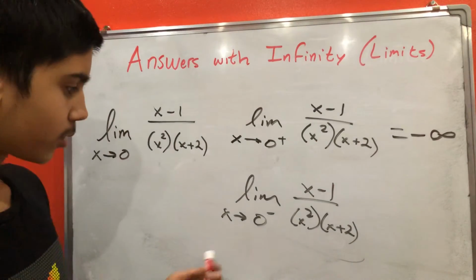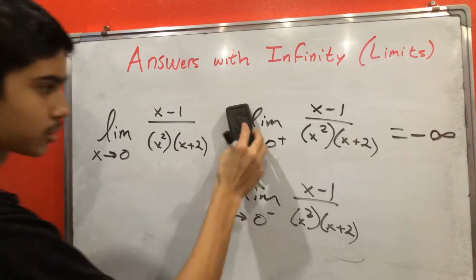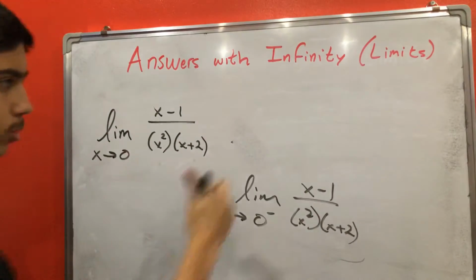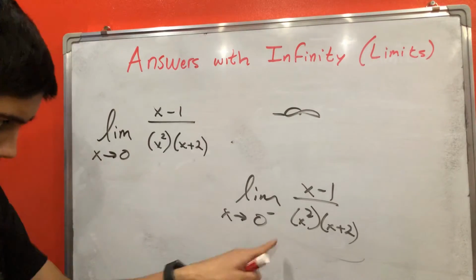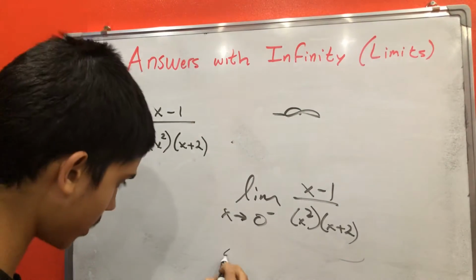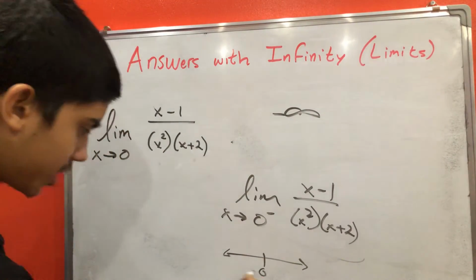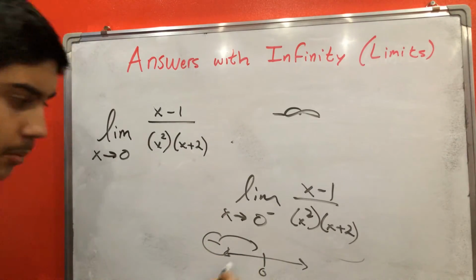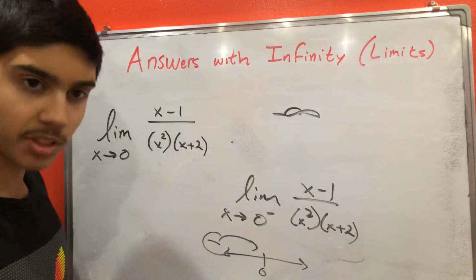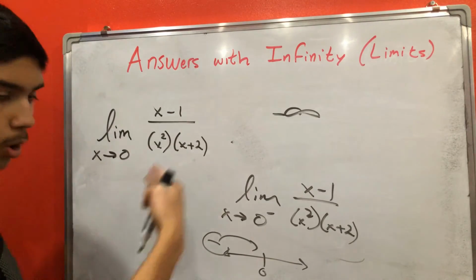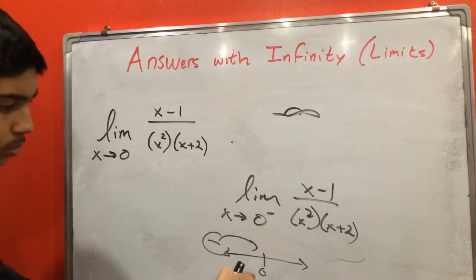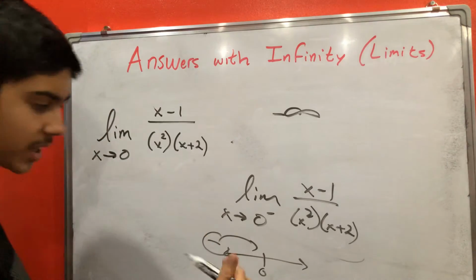Okay, let's see if it will be the same for the left side. I'm going to erase the right side. We just know that the right side is negative infinity. What about the left side? Well, on the number line, if 0 is here and we're coming from the left side, that means we're never going to get to 0, but we're getting very, very close to 0, and we're always going to be a little bit less than 0.